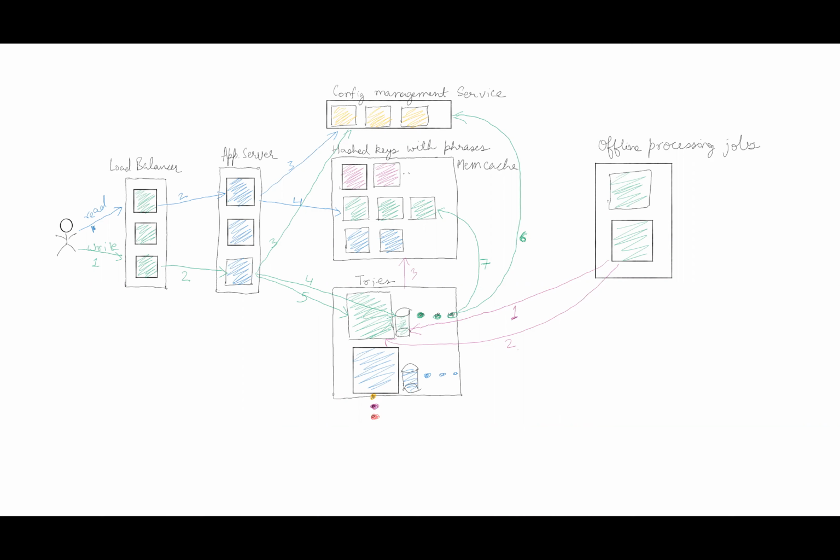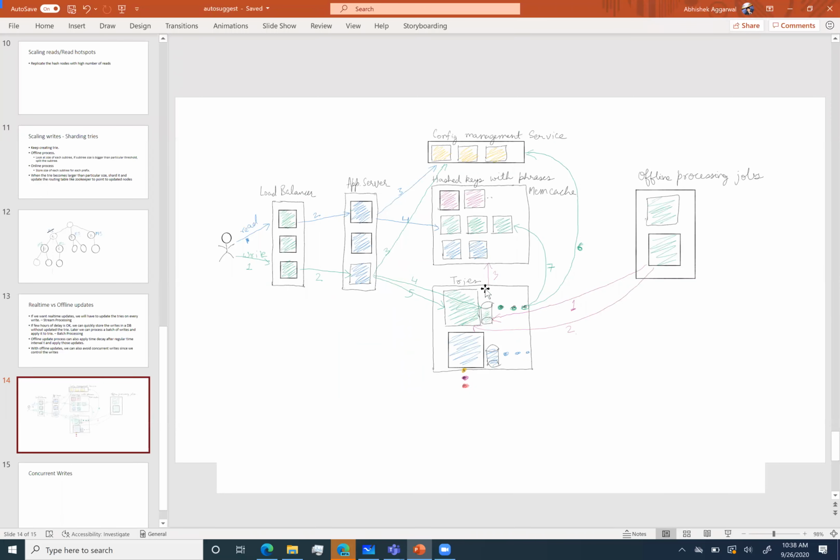Okay. If you had the diagram, where would you actually draw the arrow from? So I'll draw an arrow from offline processing job to config management service. Yeah, okay. For me to know what partitions are there currently. Then I have to go through all those partitions to gather the snapshots and do the processing.